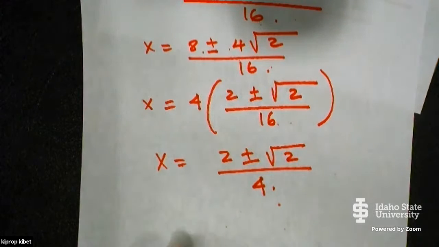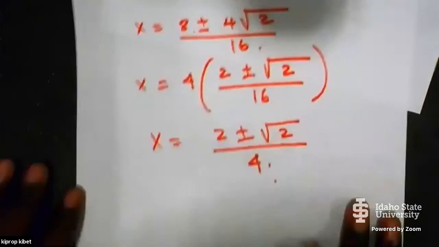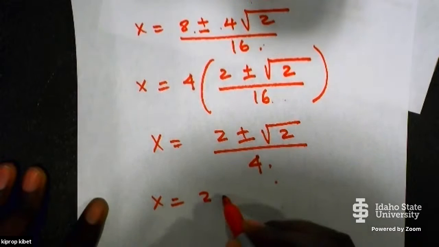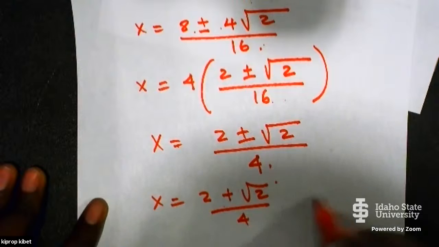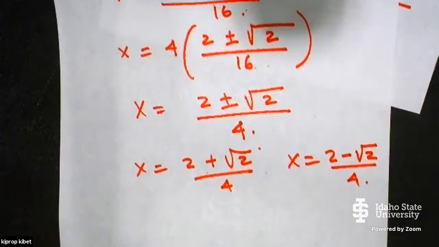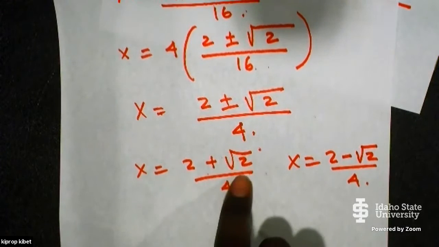Now, these are our critical points. So the values of x are x equals 2 plus the square root of 2 all over 4, or x equals 2 minus the square root of 2 all over 4. You can use your calculator to get these values.